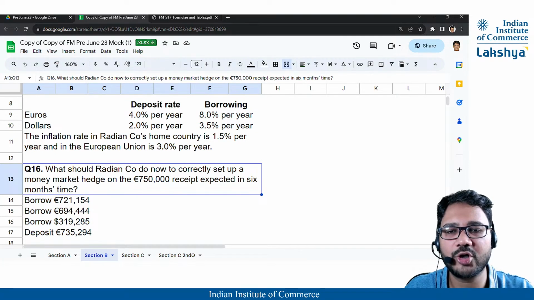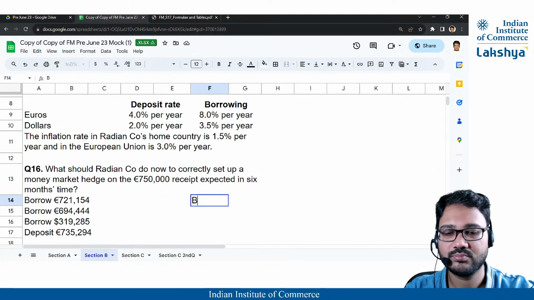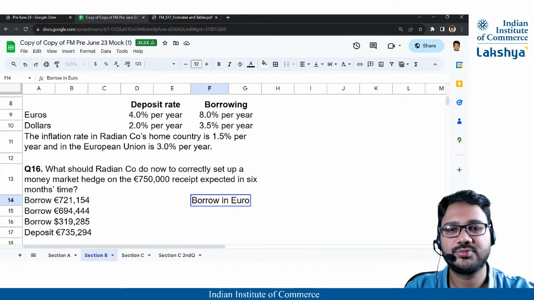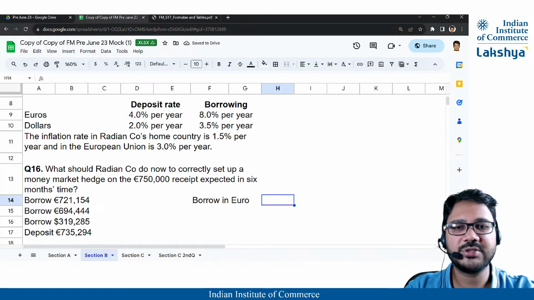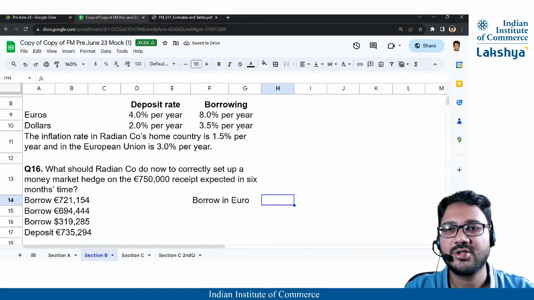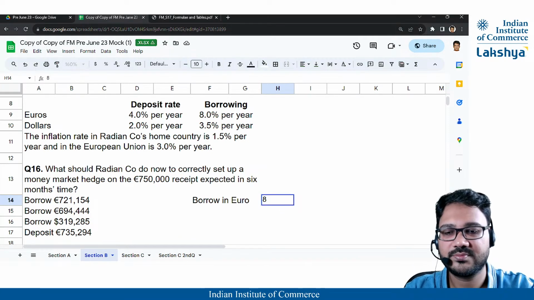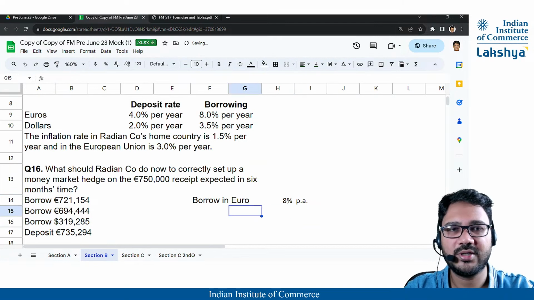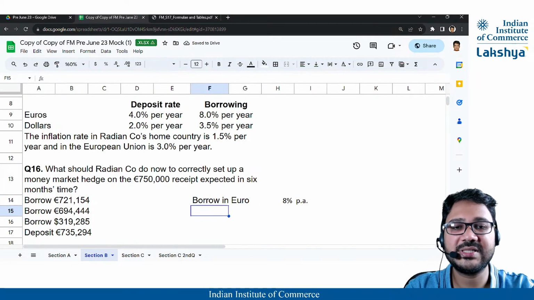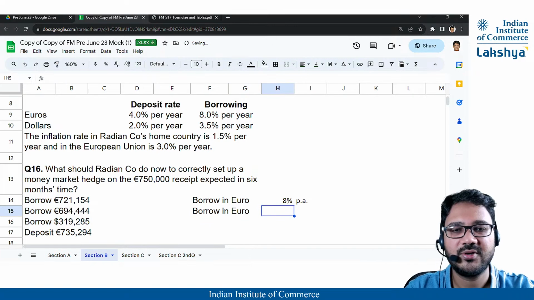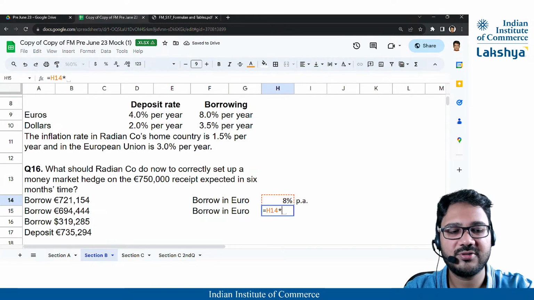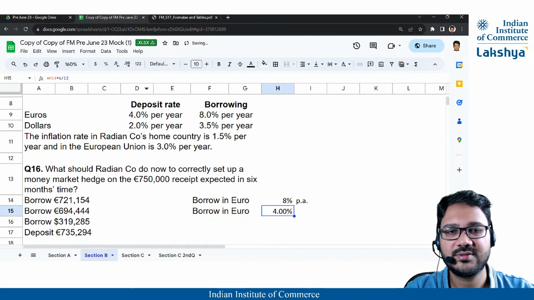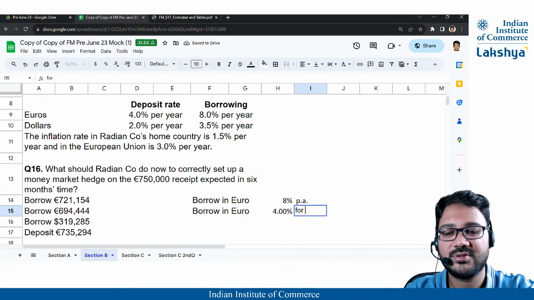So we are going to borrow in euro. At what rate? 8% per annum. So for 6 months, it will be this into 6 by 12, so that's 4% for 6 months.